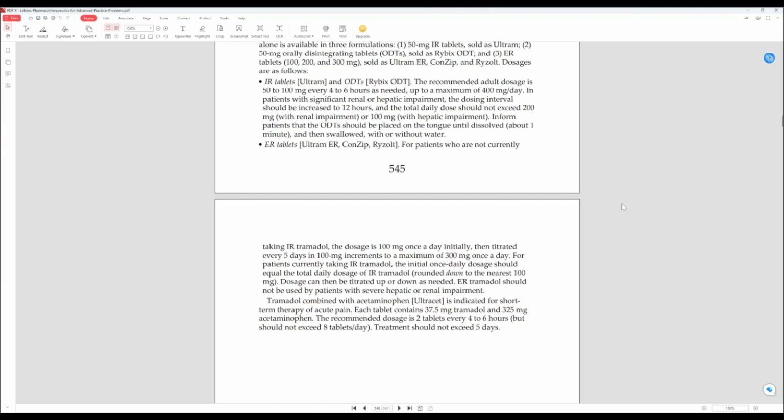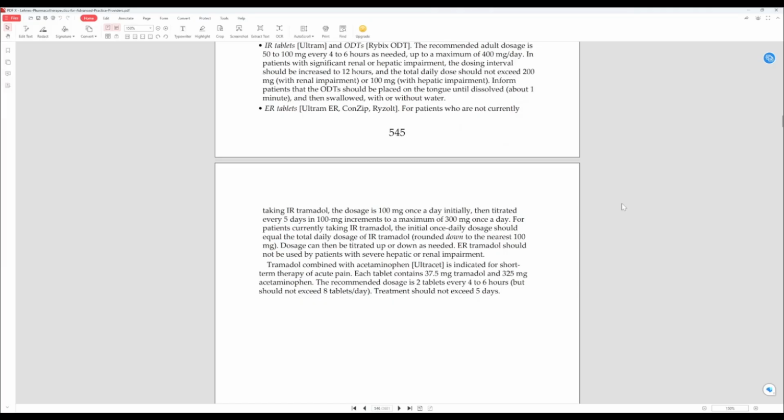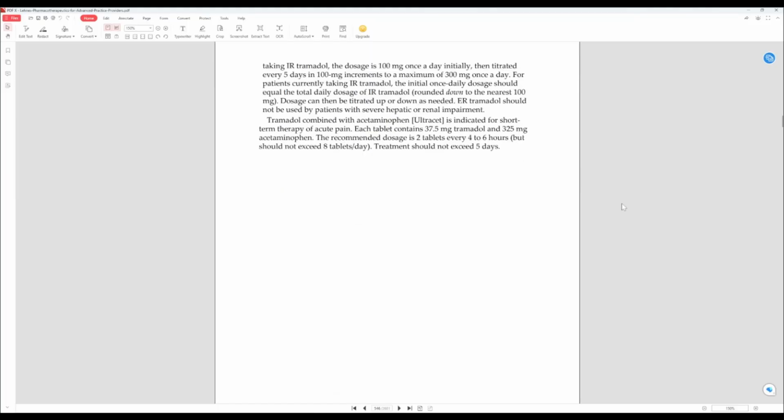Again, extended release tramadol should not be used in patients who have severe hepatic or renal impairment. Finally, tramadol combined with Tylenol, known as Ultracet, is indicated for short-term therapy of acute pain. The recommended dosage is 2 tablets every 4 to 6 hours, and treatment should not exceed 5 days.